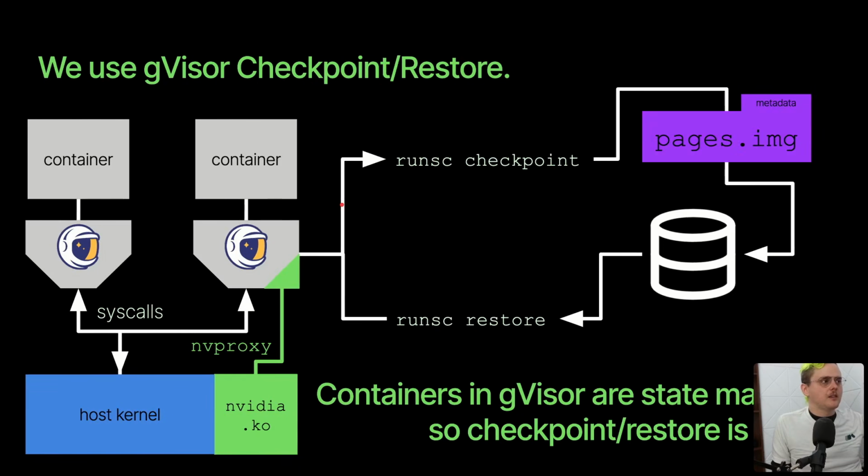And so this emulated kernel is something that can be checkpointed. We just take all of its data structures and persist them to disk. If you poke around in a runsc checkpoint, the main thing you'll find is a pages.img file, memory pages. That's the core data structure you need to store, and that is what we store in our cloud storage and then restore from later.